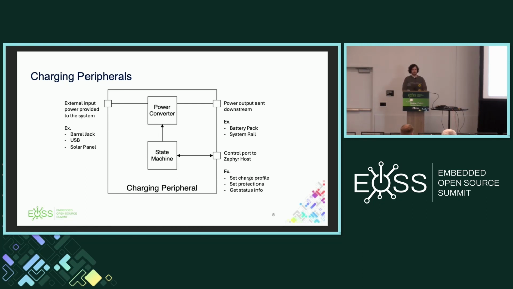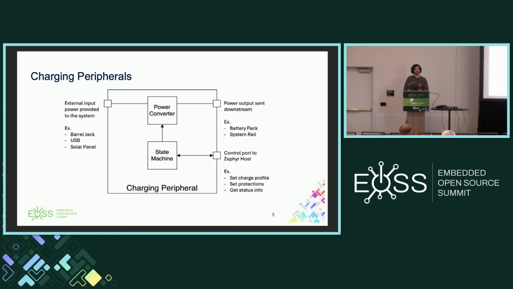and on the input side, we provide external power that can come in the form of a barrel jack with a fixed voltage, those legacy 12 and 9 volt sort of deals. It could be USB, BC 1.2, or USB PD. It could be renewables. Some really fancy charging devices have power muxes, and you can switch between the two. But generically, we provide some kind of external power into the charging peripheral that gets fed into a power converter.